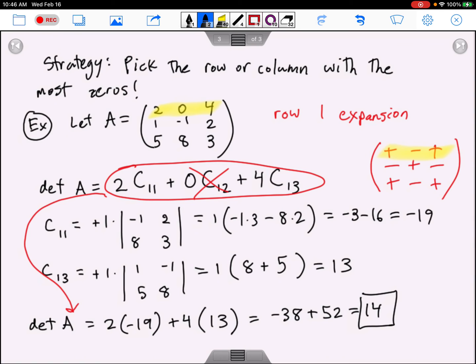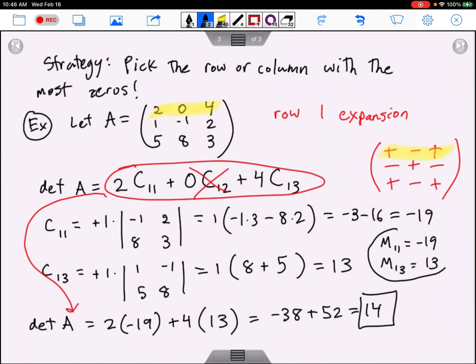And by the way, we didn't calculate the minors here, but what are the minors? The minors are just this piece without considering the sign. But in this case, because the signs were both positive, the minors and the cofactors happen to all be the same. So just as an aside, we didn't need to calculate it separately, but M11 is also negative 19, and M13 is also 13.